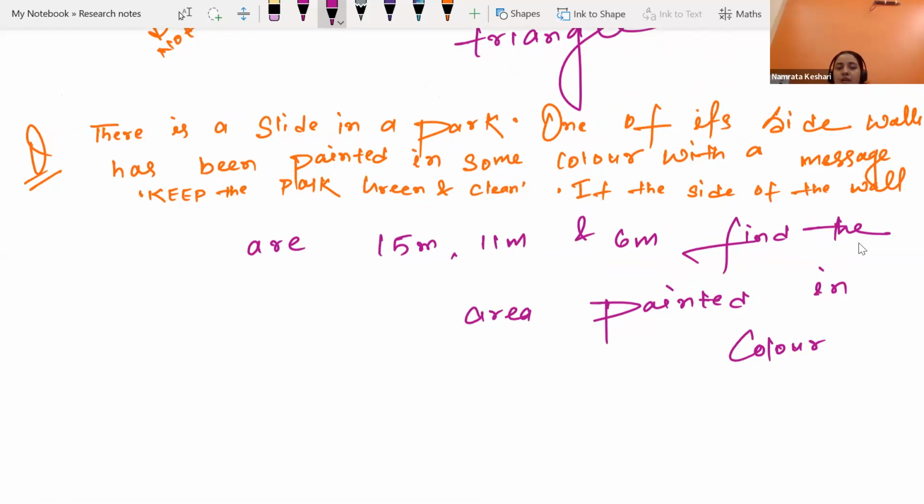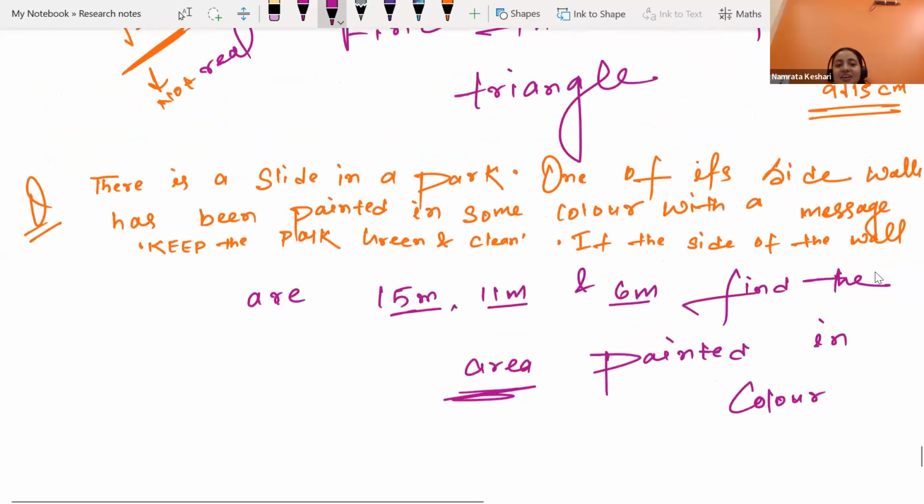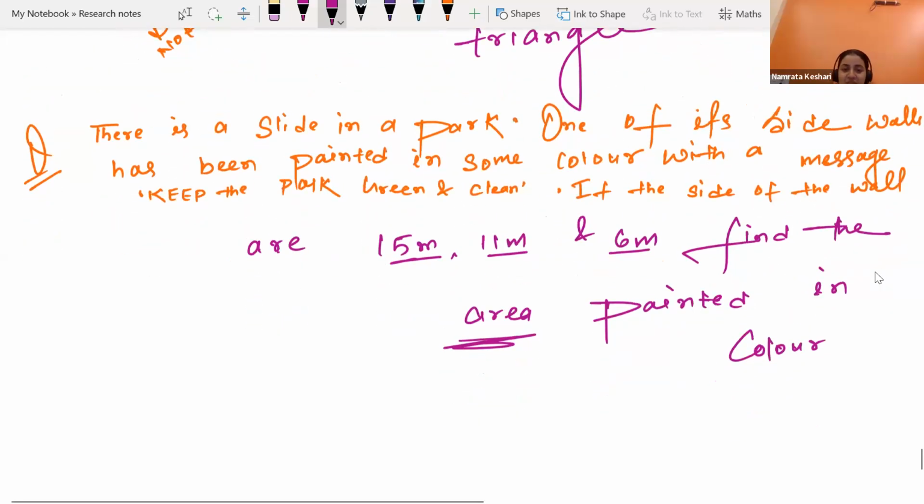R. R side of the walls are 15 meter, 11 meter, ma'am. Yeah, I thought you were saying this one, and I am checking A. No, ma'am. I was saying this one. This one. Okay. After 15 meter. Yeah, before. Yes, yes, I understood.